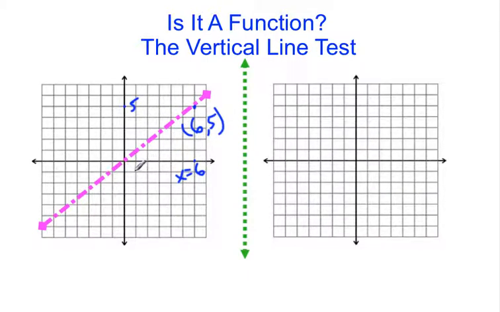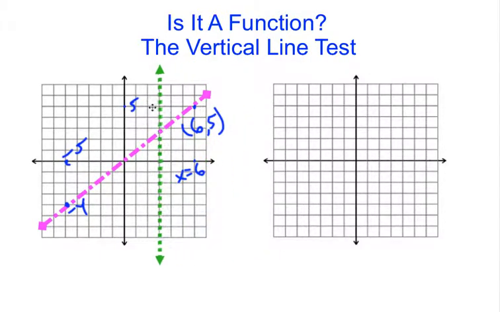And you can see that for every x value, so if we picked another one like down here, this is -5 in the x, and this is around 1, 2, 3, 4, -4 in the y. There's only one output, only one y value. And so therefore, this is a function. And the way we can tell is using the vertical line test. So if I take this vertical line and I drag it over, if I can grab it, there we go.